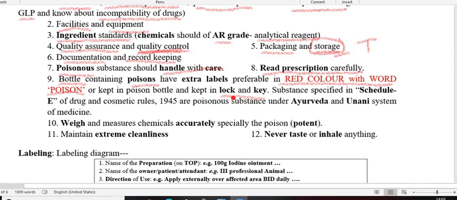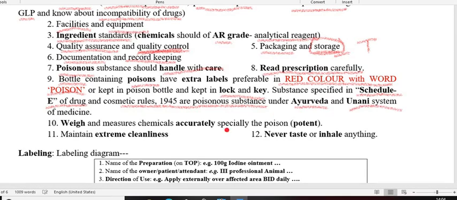So this is very, very important. And usually the Schedule E drugs under the Drugs and Cosmetics Rules 1945 are poisonous substances under the Ayurveda and Unani systems of medicine.